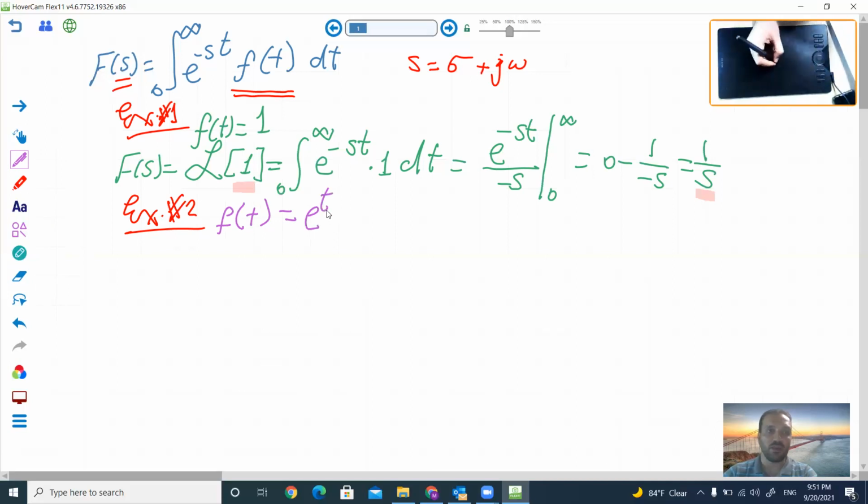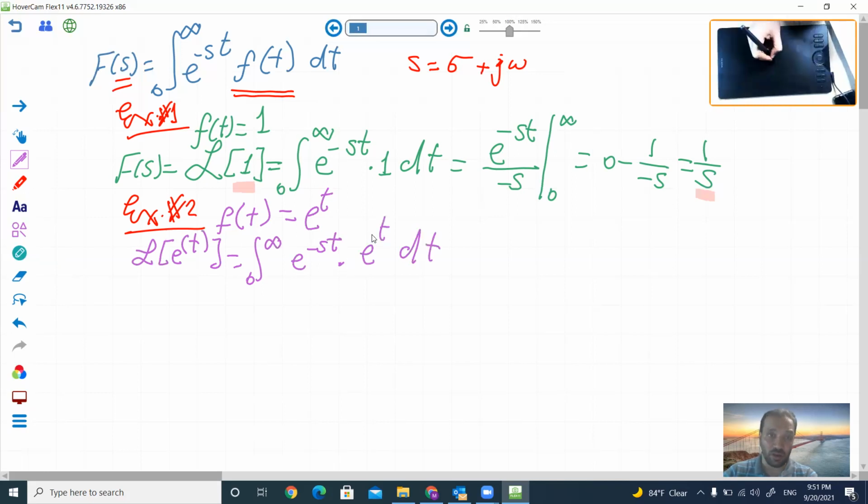So applying the same transform equation, the Laplace of, this is the operator, of e to the power t equals the integration from 0 to infinity of e to the power minus st times f of t. In our case, f of t is e to the power t.